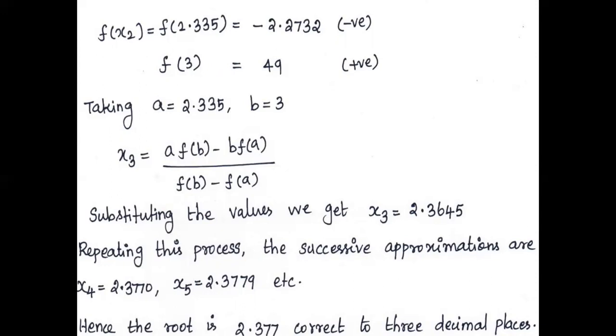Repeating this process for successive approximations, x4 is 2.3770, x5 is 2.3779. So correct to 3 decimal places, we get 2.378 maybe. So here 2.377 we have taken. So that is all about the regular false position method.